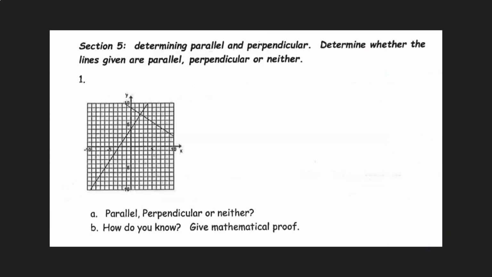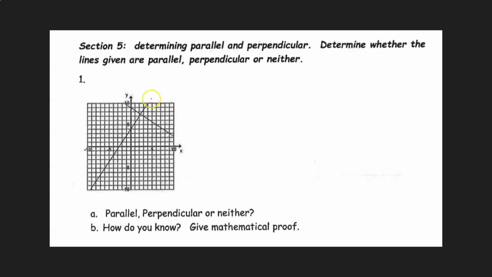All right, to finish up, determining parallel and perpendicular. Determine whether the lines are parallel, perpendicular, or neither. Remember that perpendicular lines have slopes that are negative reciprocals, and parallel lines have the same slope. So you're going to need to find the slope of the lines.